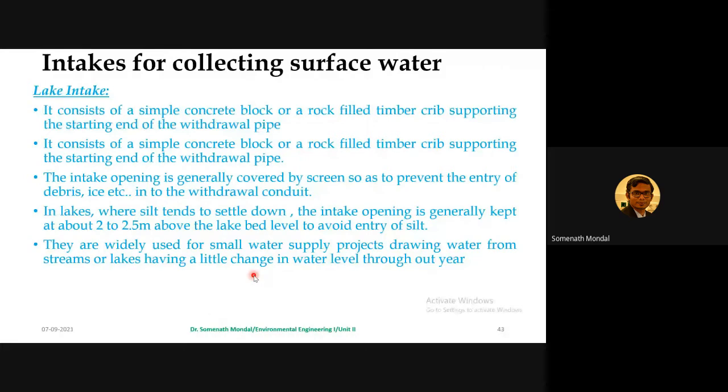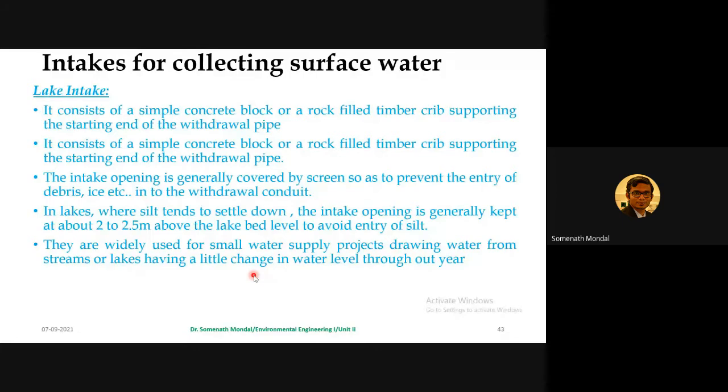In lakes where silt tends to settle down, the intake opening is generally kept at about 2 to 2.5 meters above the lake bed to avoid entry of silt into the withdrawal pipe. So again, that's a big problem.